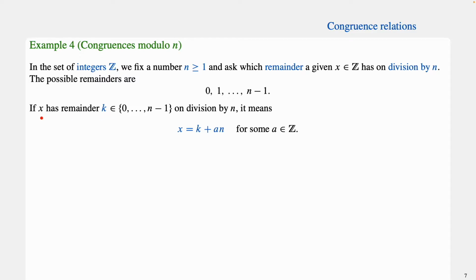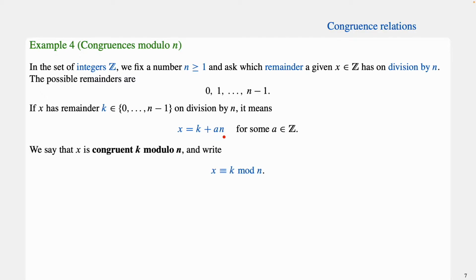And let's say our number x has remainder k, which is one of these numbers from 0 to n minus 1. Then this means x has the following form: x equals k plus some multiple of n. So there's some integer a, and we take a times n, a multiple of n, plus k. When we divide x by n, do an integer division, then this is the multiple of n that we get from the division, and the remainder would be this number k.